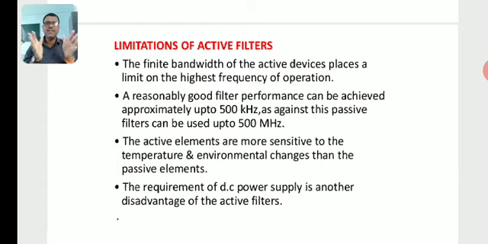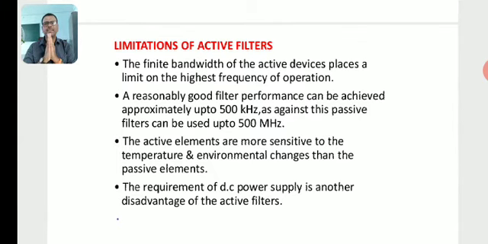Another limitation of active filters: the active elements are more sensitive to temperature and environmental changes than the passive elements. A sensitive component like the op-amp is more sensitive towards temperature.